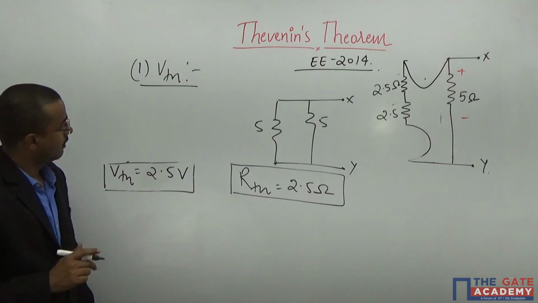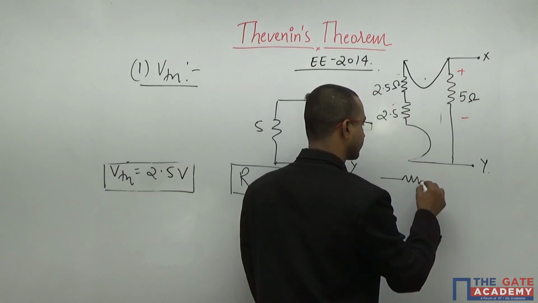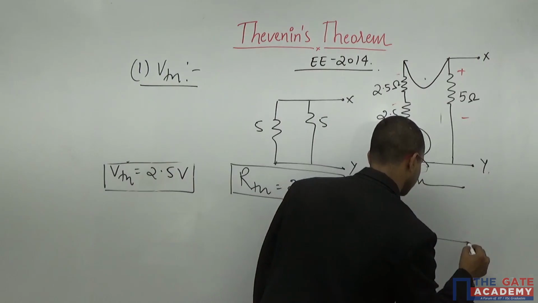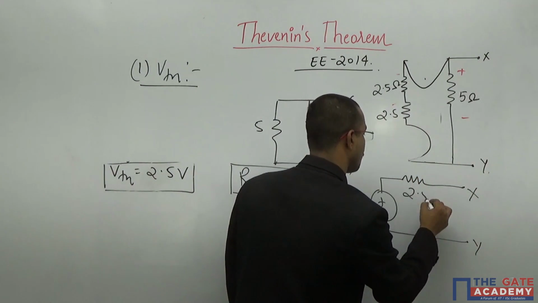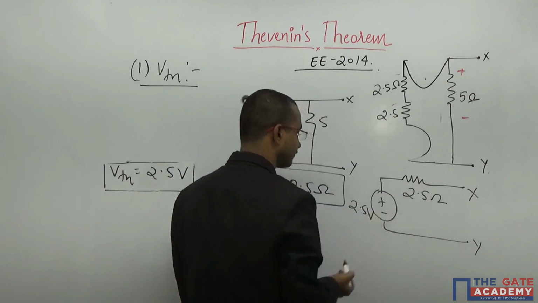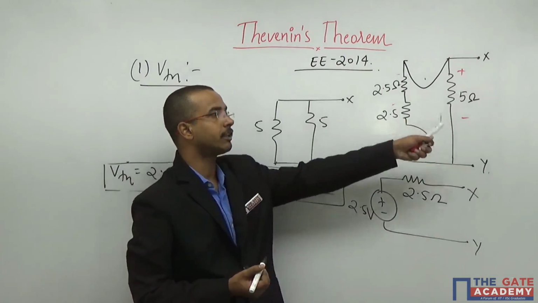After this, if I draw the equivalent circuit, I will get it like this. RTH is 2.5 ohm and VTH is 2.5 volt. And this is my Thevenin equivalent of that particular circuit.